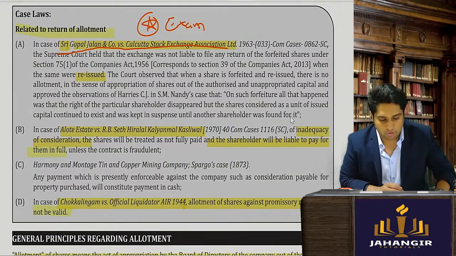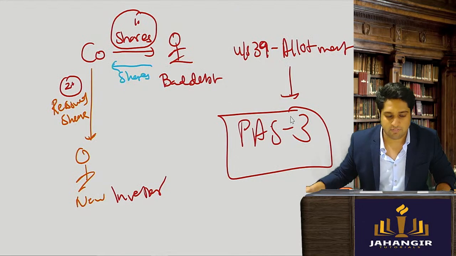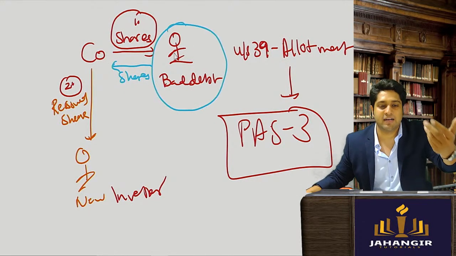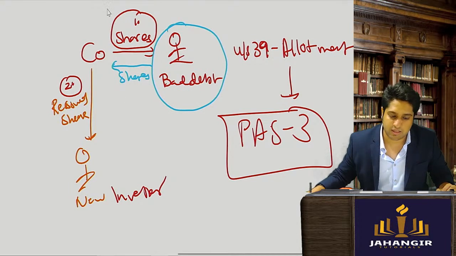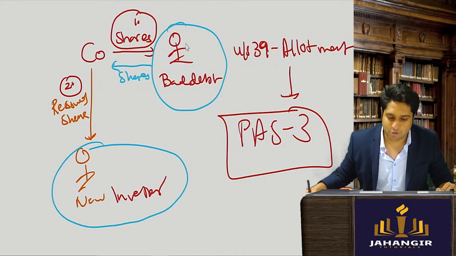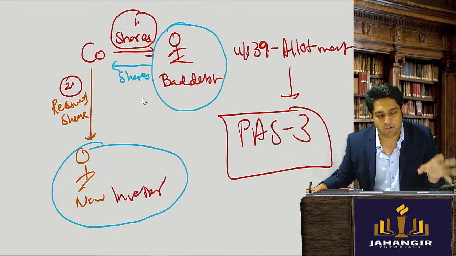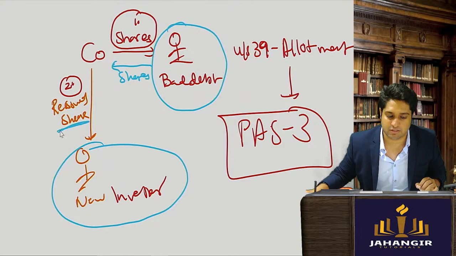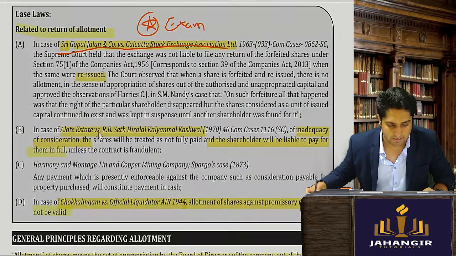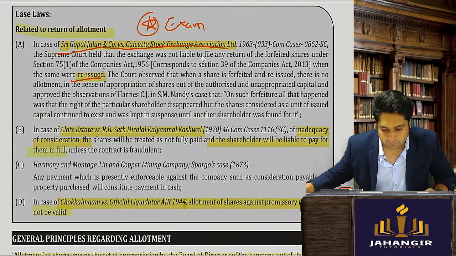So when we gave it to him, when there was a birth, it had been given to him, but he abandoned it. So the share is already there and now it has a new parent. So the child is already there, the birth is already there. Therefore it is not considered as allotment and PAS 3 is not to be filed. So this is what they have given.